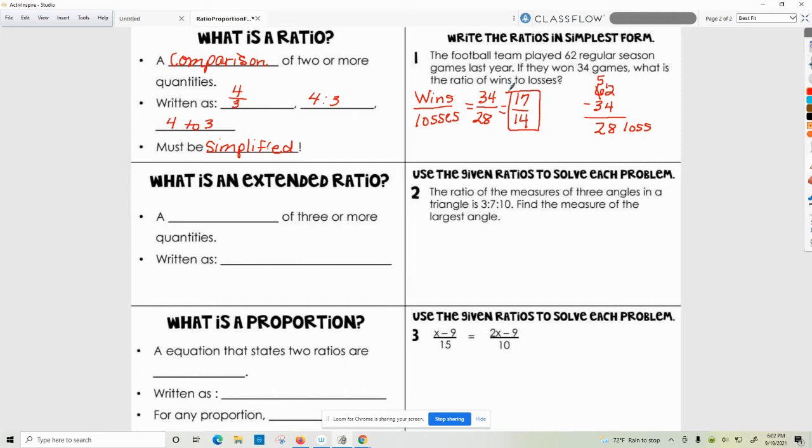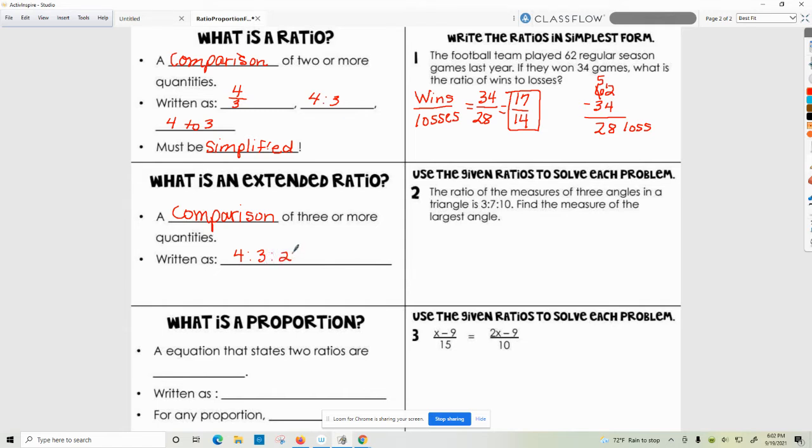Then when you come down and look at an extended ratio, an extended ratio is a comparison of 3 or more quantities, usually written as 4:3:2.